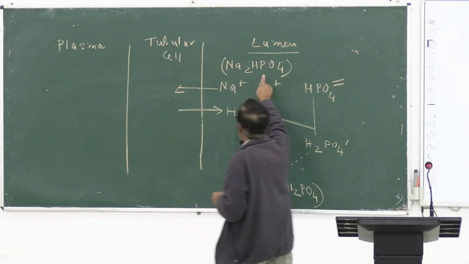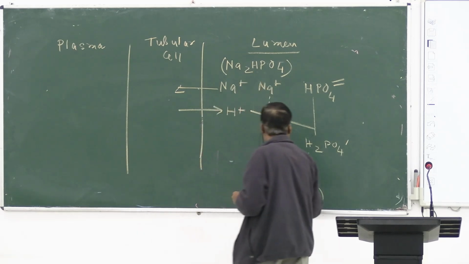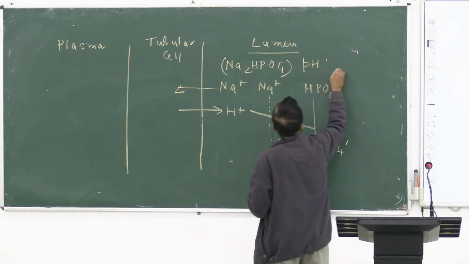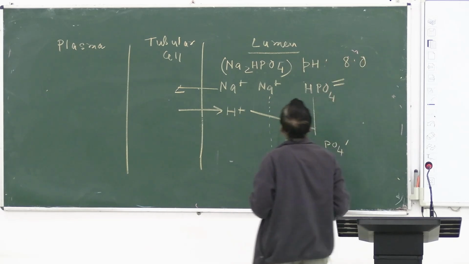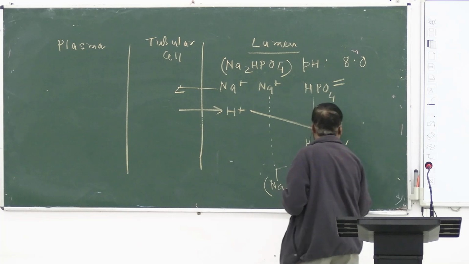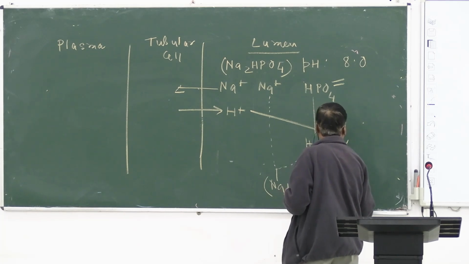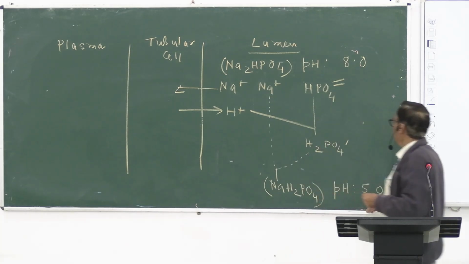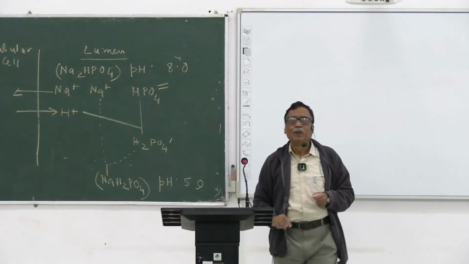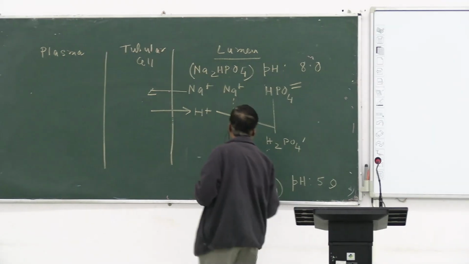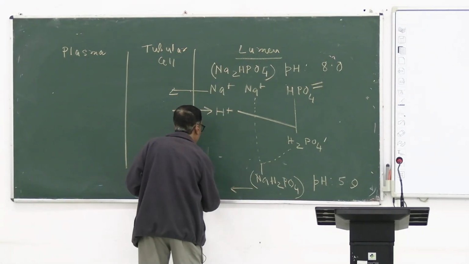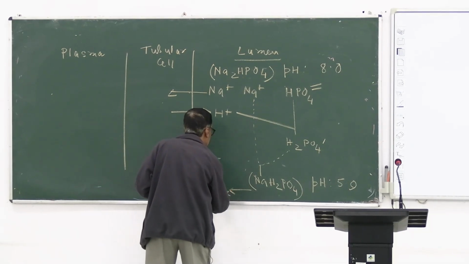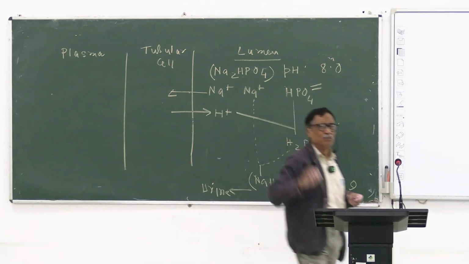This is the basic component, this is the acidic component. The pH of a saturated solution of this one is 8.0, alkaline. If you measure the pH of this one, it will be 5.0, acidic. This is excreted through urine. Urine is acidic mainly due to this component.